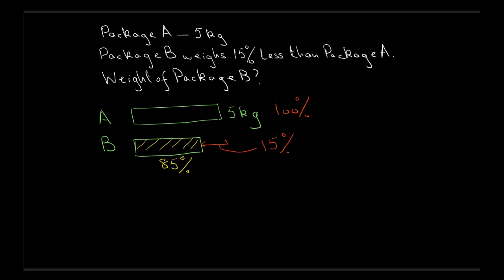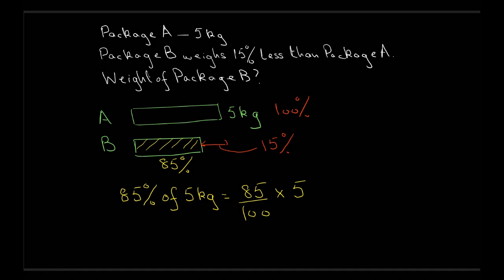So now we just need to find out what 85% of 5 kg is, and that's just going to be equal to 85 over 100 multiplied by 5.